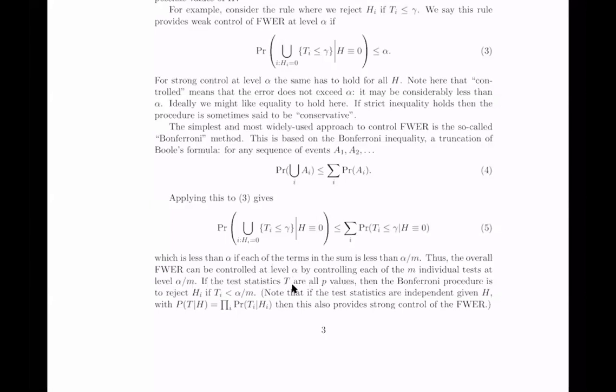If the test statistics are p-values, then you would reject if p is less than not 0.05 but 0.05 divided by 1,000. And the procedure is a conservative procedure, which means that the family-wise error rate under this procedure is guaranteed to be less than alpha.